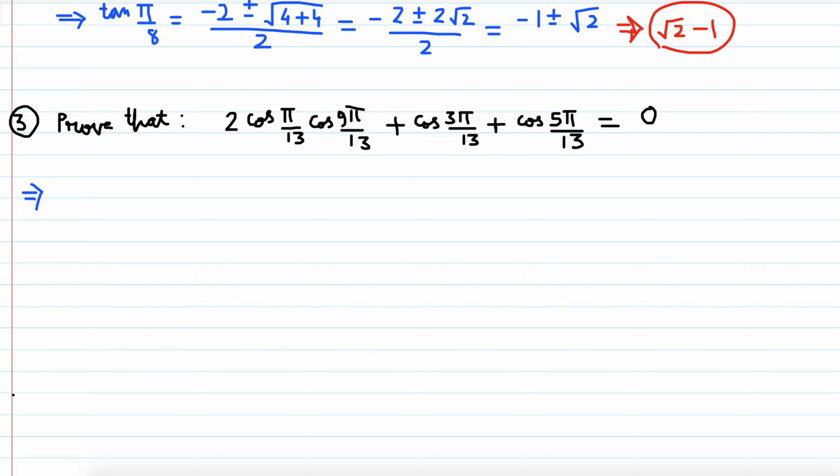So we have to prove that this left hand side term is equal to 0. So we can remember the formula of cos x plus cos y.